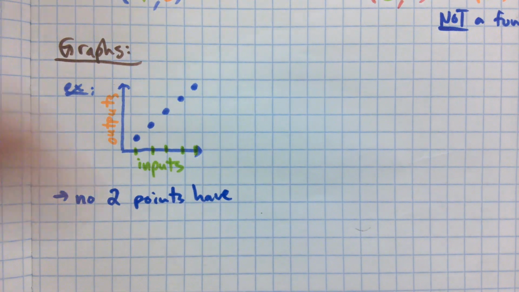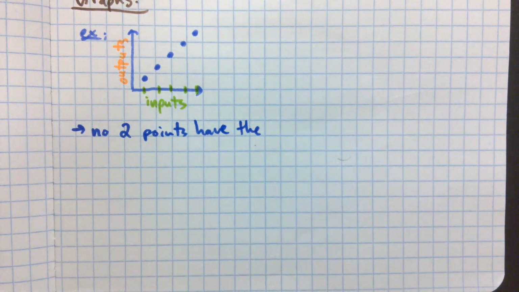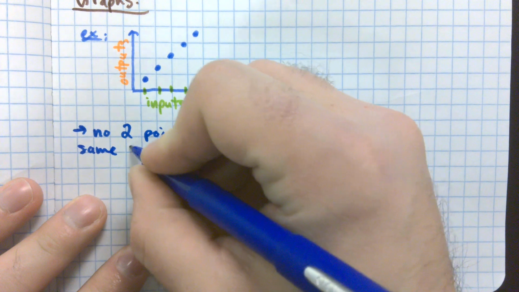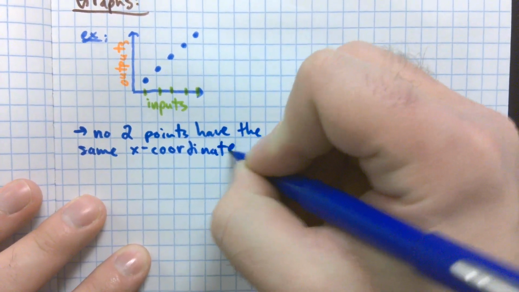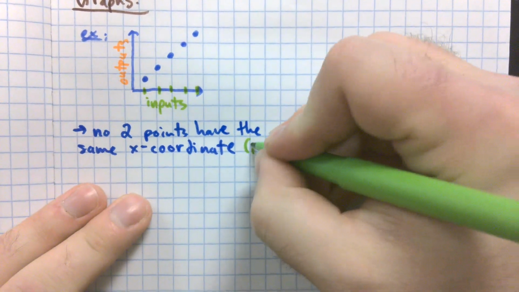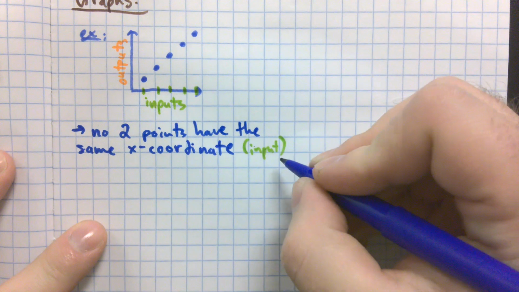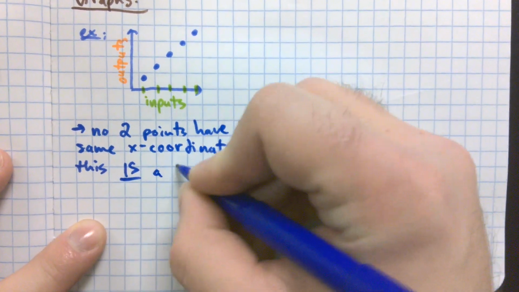So because no 2 points have the same x coordinate, also known as our input, we know that this is a function.